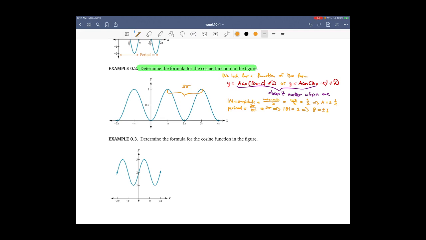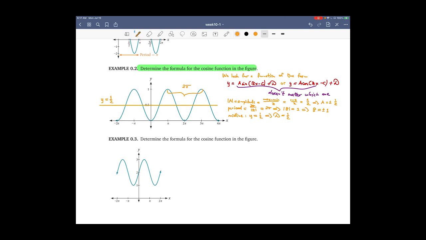I typically recommend choosing b to be positive. We see that midline, again the horizontal line equidistant from maxima and minima, is 1/2. And therefore d is 1/2.